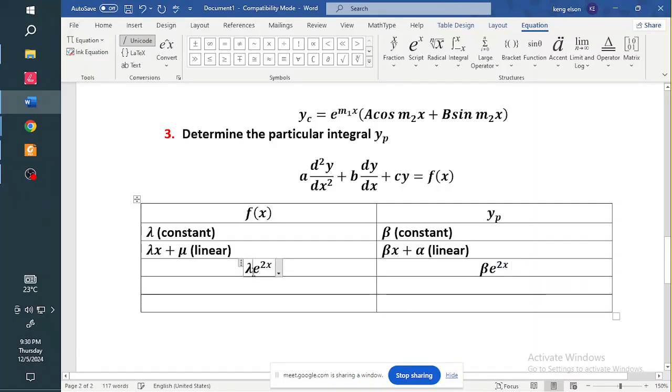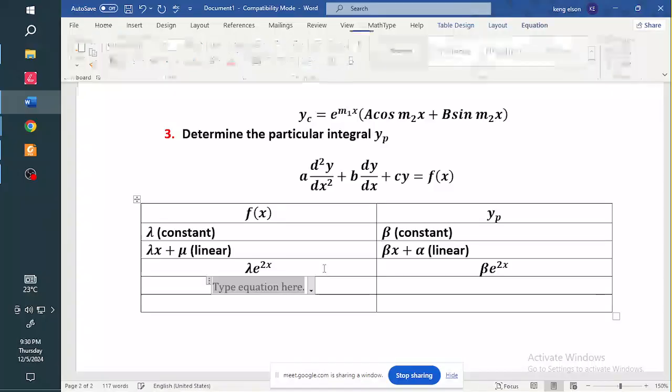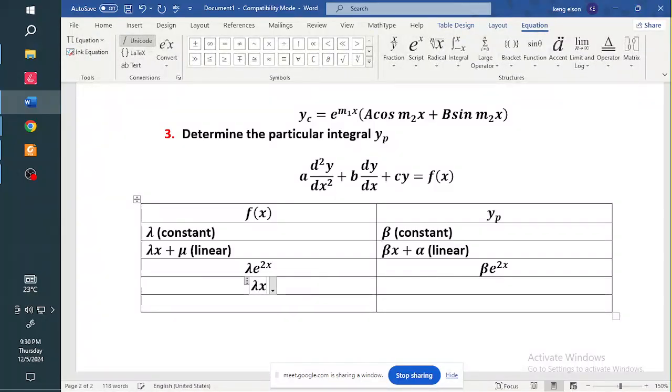If here it was lambda x e to the 2x, let me go to the next stage. If now this one is maybe lambda x e to the power 2x, you see that there is a combination of a linear factor and the exponential factor.